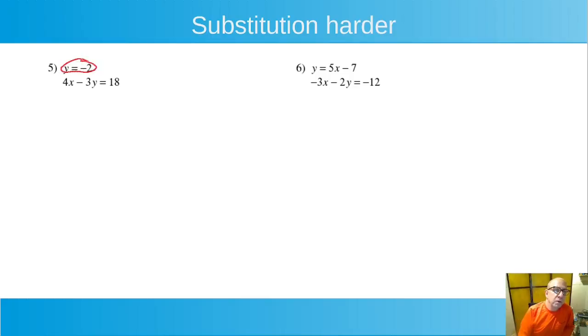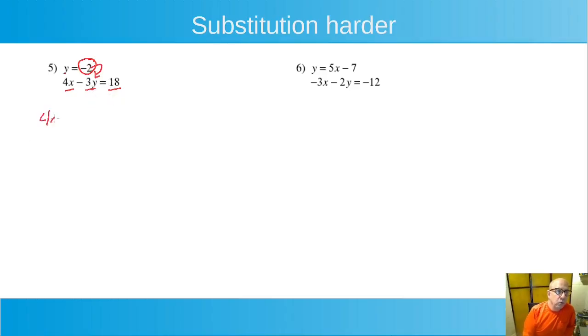So in this problem, y equals negative 2 and 4x minus 3y equals 18 are two equations. Where they meet, I'm not sure, but we're going to figure that out by substitution. So I'm going to take negative 2, which is y, and I'm going to replace y with negative 2 in the other equation.